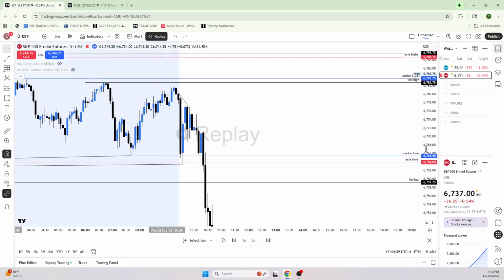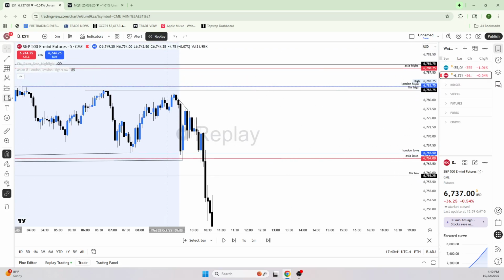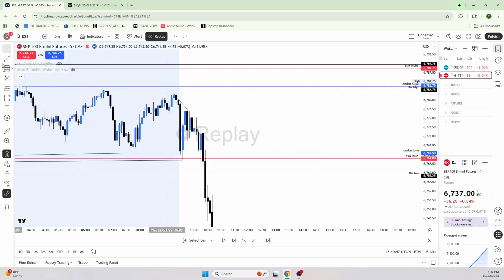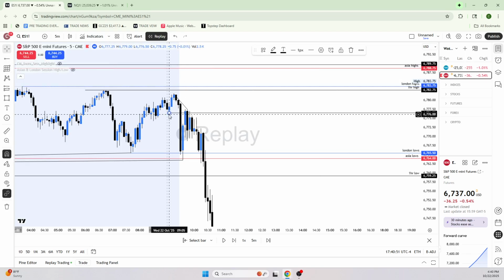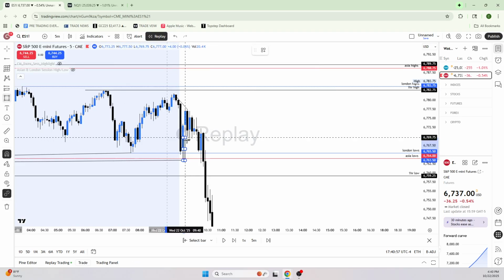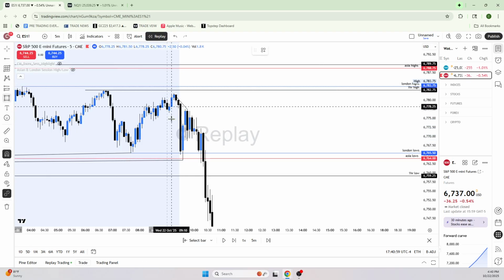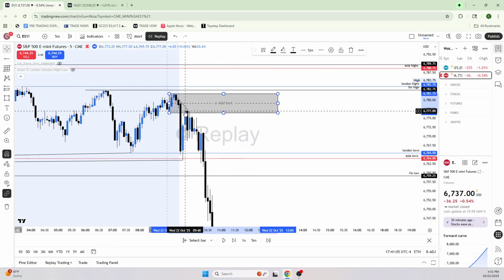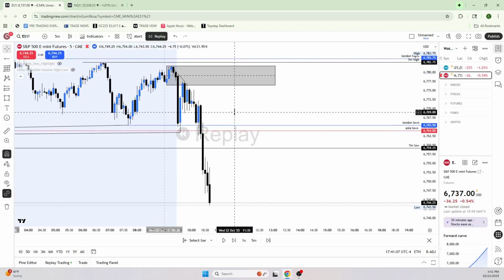Market opens, we break structure to the downside off this candle, and then we tap into this order block and go lower.